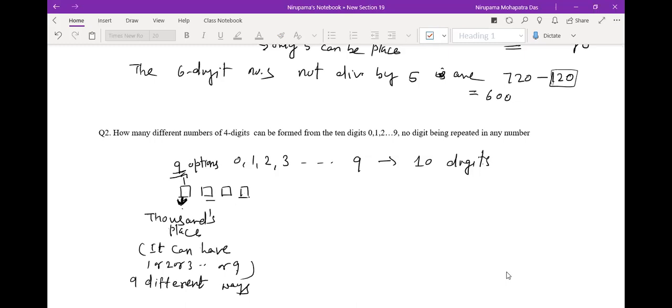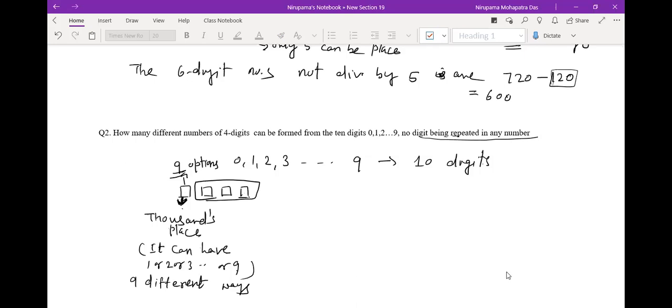Now we are having the remaining 3 places, right? 3 places and 9 digits, because you can have 1 out of 1, 2, 3, 4, 5, 6, 7, 8, 9. Because you cannot take 0. So except 0, you can place any one of the remaining 9 digits here. Once you put that digit here, that cannot be repeated because in the question no digit is being repeated in any number. So repetition is not allowed.